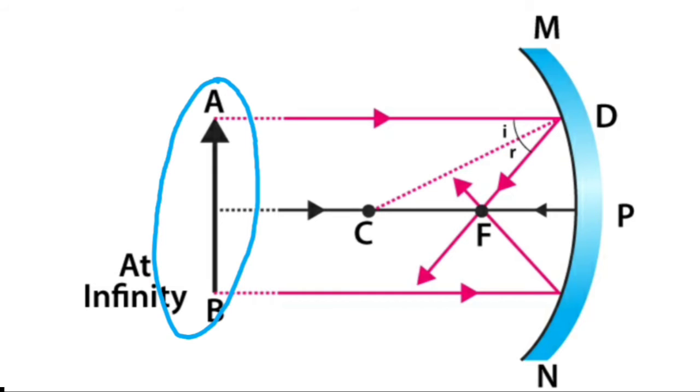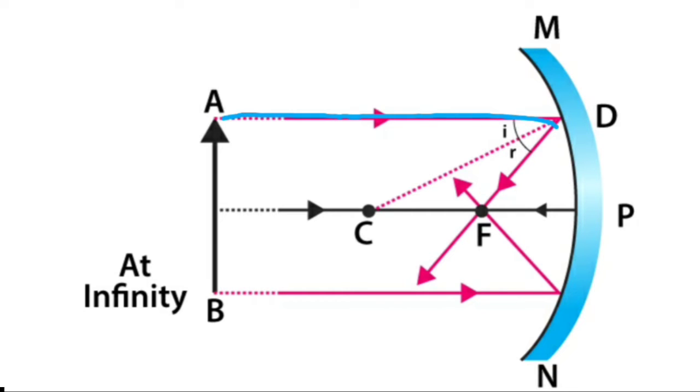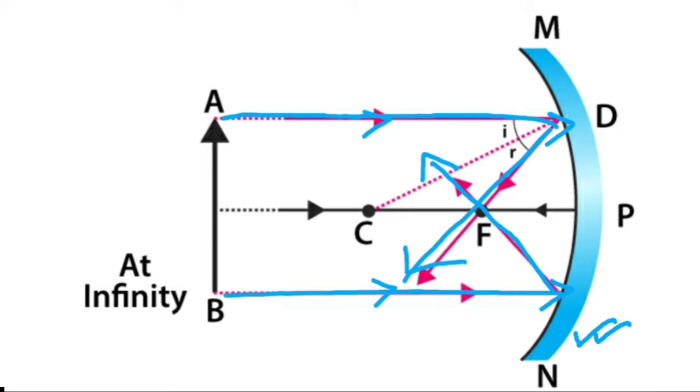Now two rays from this object, 1 and 2, are incident on the concave mirror. After reflection they pass through a point in front of the mirror, that is the focus of the mirror.